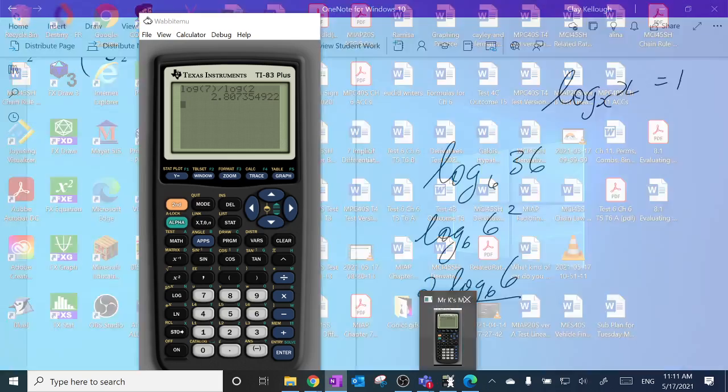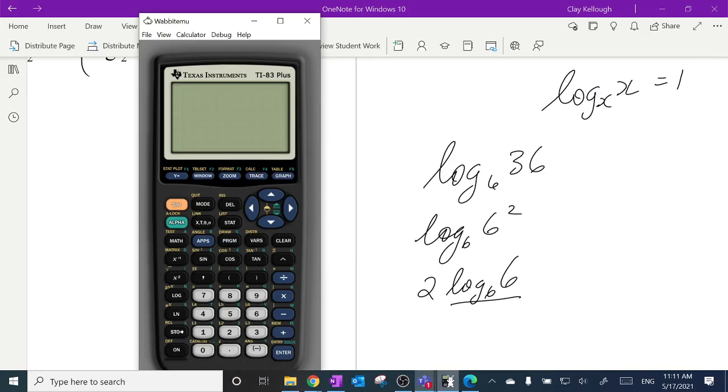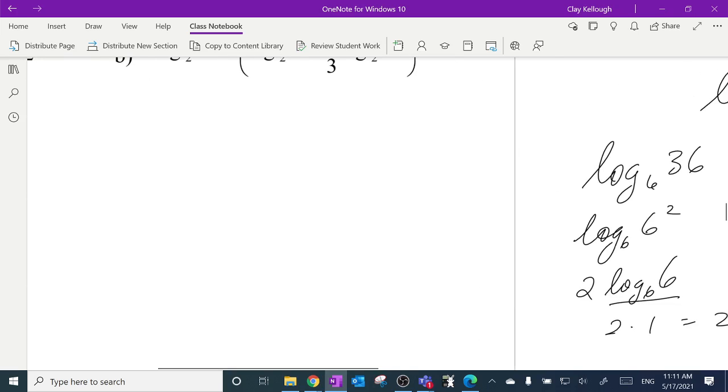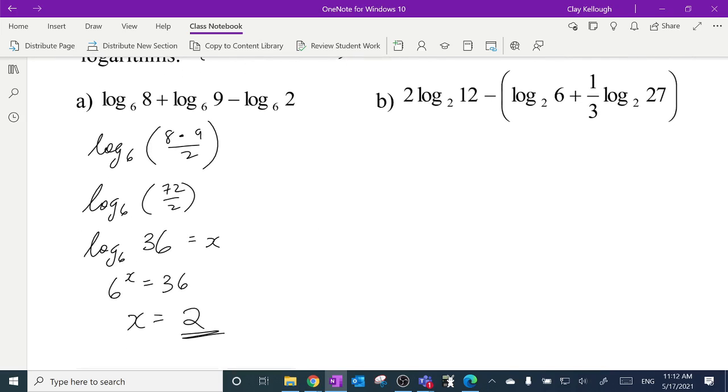Oops. Guess I should close this thing before it keeps coming back to haunt me. There, go away. Anyway, like I said, log to the base x of itself is always 1, so this is just 2 times 1, which is 2. So there's several ways you can think about this. Whichever one makes the most sense to you, you go with.